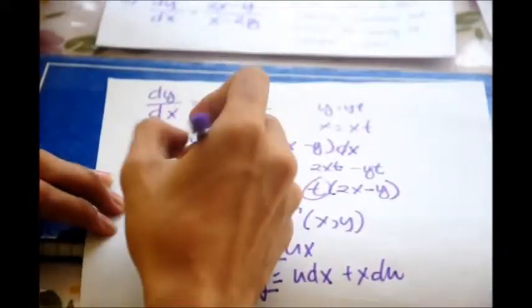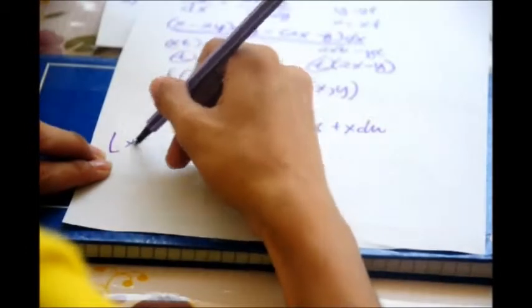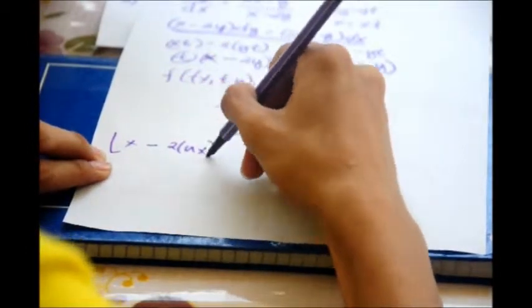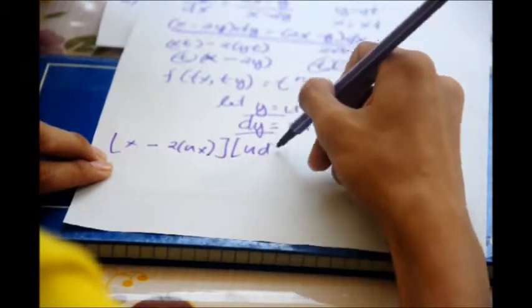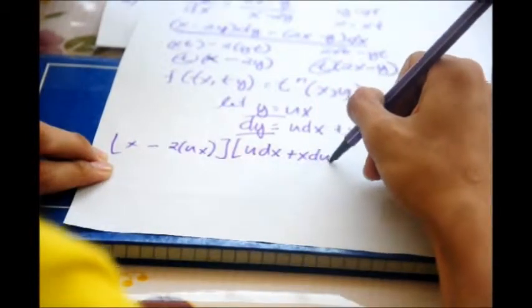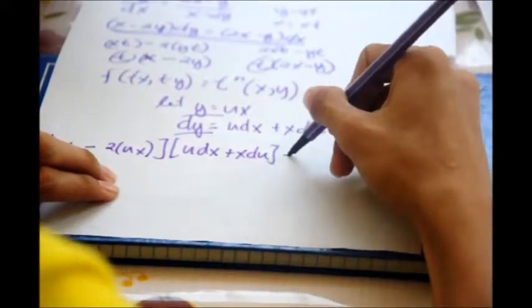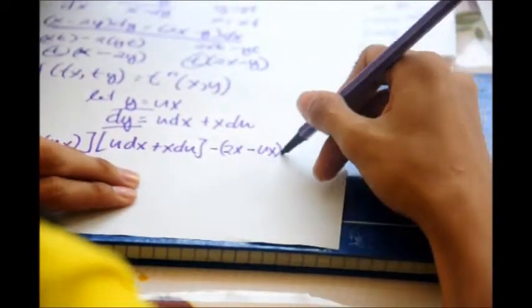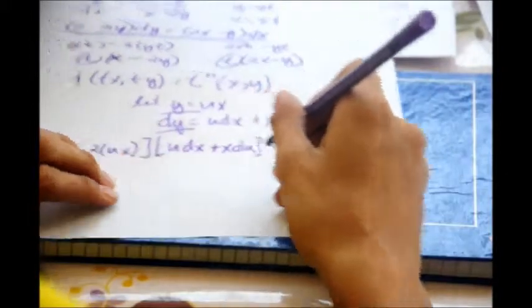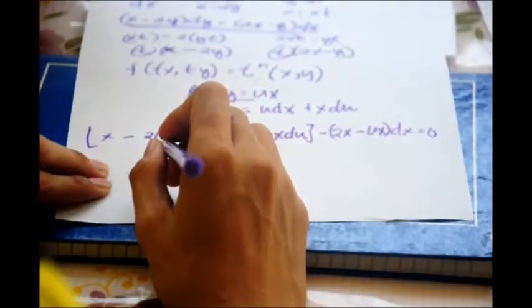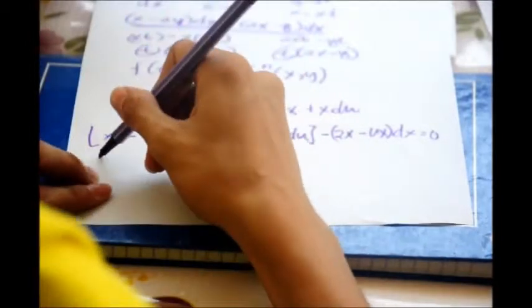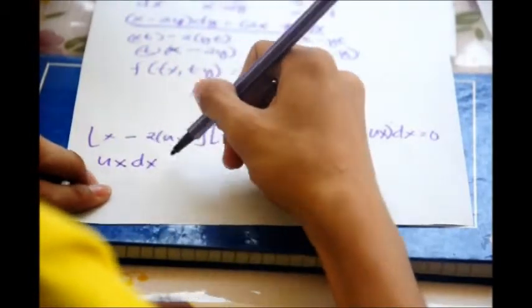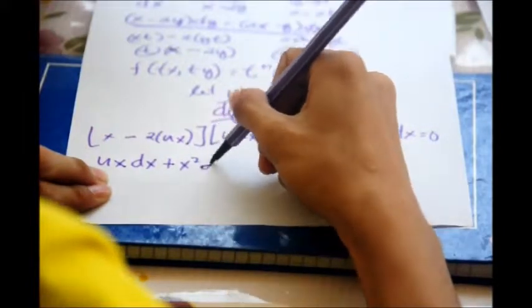Then substitute the value of y and dy to this equation. So x minus 2 times ux, u dx plus x du. Distribute. So we have ux dx plus x squared du.